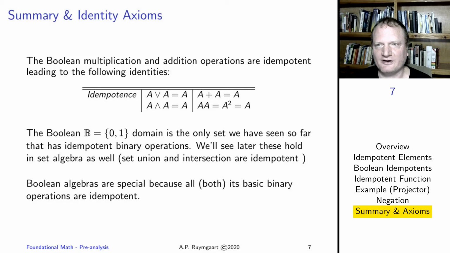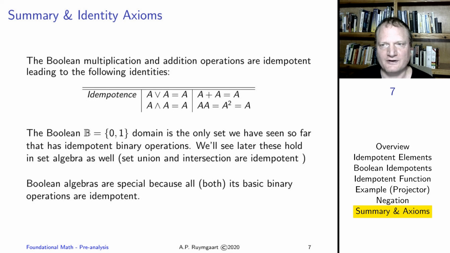Now let's summarize what we talked about in this session. What we talked about was idempotence. We talked about idempotent elements, operations, and functions. And we saw that in Boolean algebra, both the binary operations are idempotent with respect to all elements in the Boolean domain, and that leads to two identity axioms that we have listed here that we can use in proofs and theorems later on.